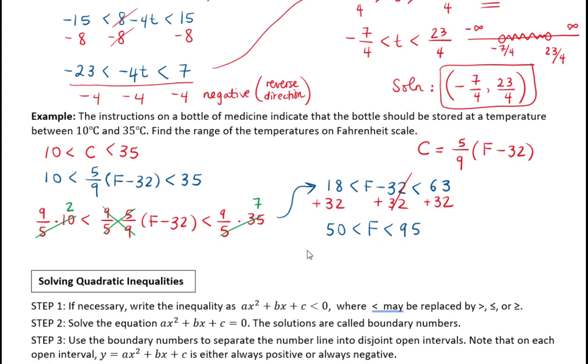So the range of the temperature is 50 degrees Fahrenheit to 95 degrees Fahrenheit. That's the range for the temperature for this medicine. I hope this problem is clear. That was a good application of compound inequalities.